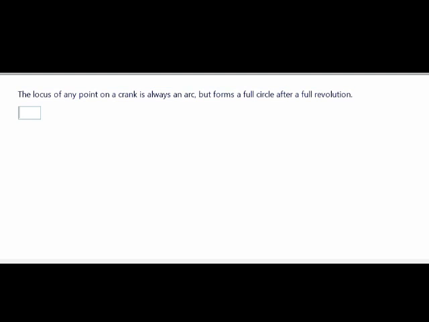So I'm just repeating what I said in the previous section of this video, that any point on the crank always has an arc as its locus, and after a full revolution of the crank, that point's locus becomes a full circle.